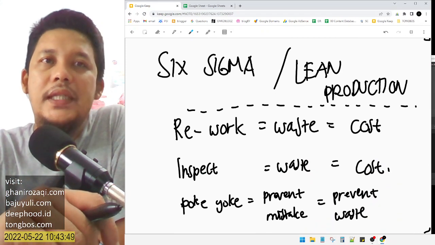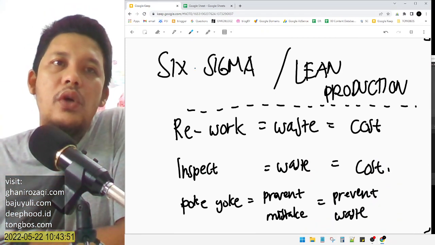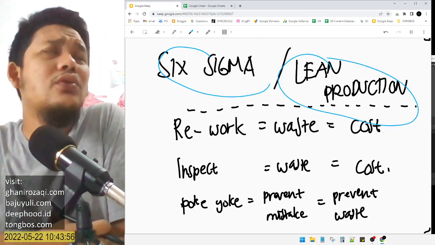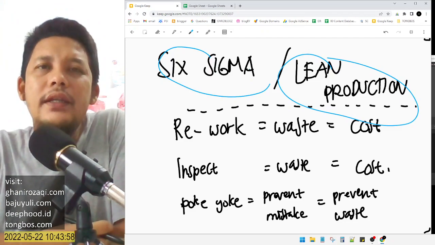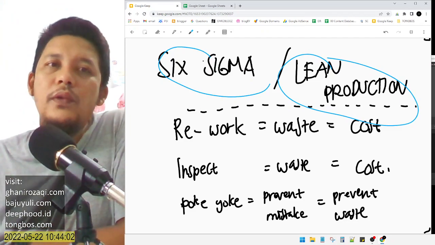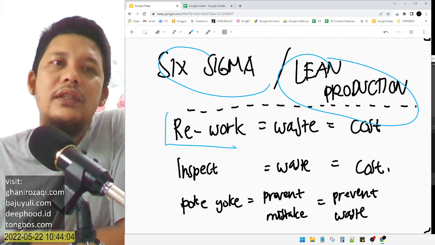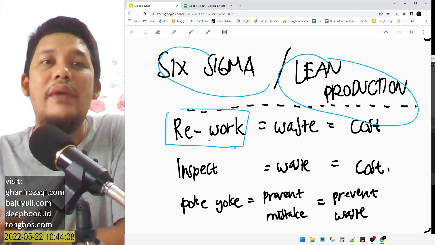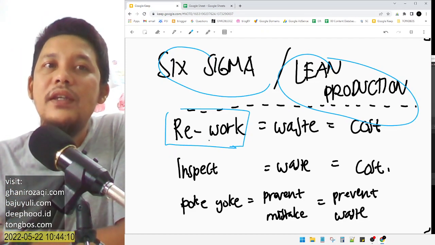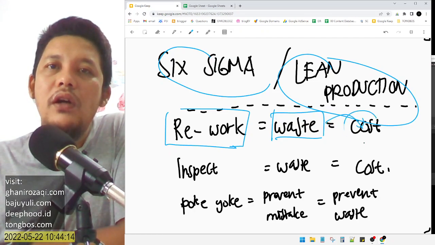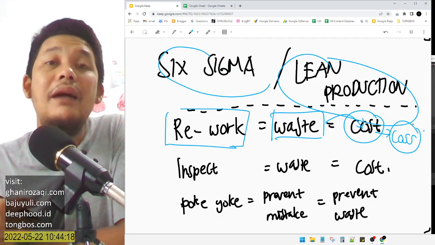I got this from a Six Sigma or Lean Production lecture 2 or 3 years ago, and that lecture told us about rework, which is you correcting your work. You do it 2 times, 3 times to make it correct, which is waste, which means cost, and that would be a loss for your company, for your business.